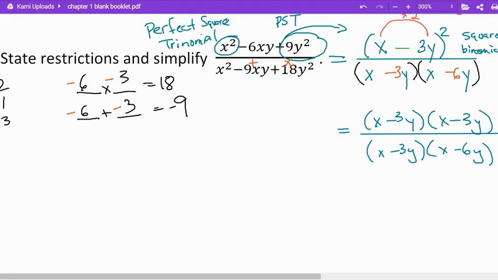So binomial squared means you write it twice. This is a step that can be skipped, okay? And so we're saying, okay, everything is being multiplied right now. This binomial times this binomial is timesing this binomial. So I cancel out one of each binomials that are identical.